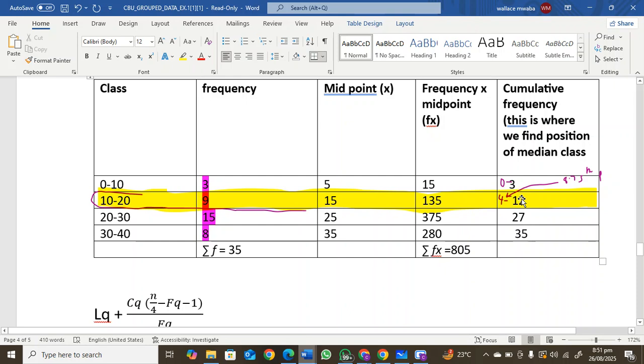Then the next one, 13 to 27. Then 27 to 35. We're just putting them in ranges so that we can determine our position.